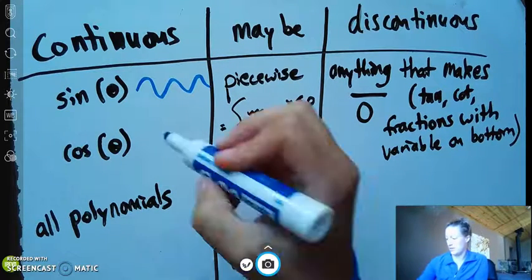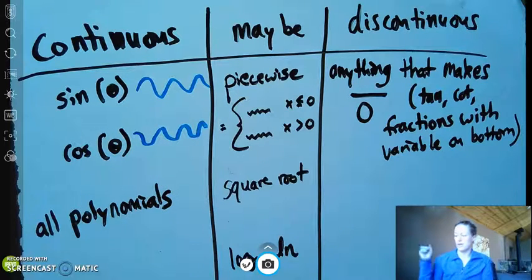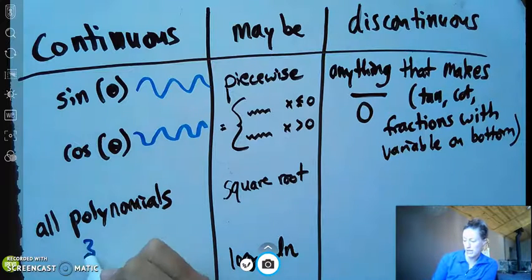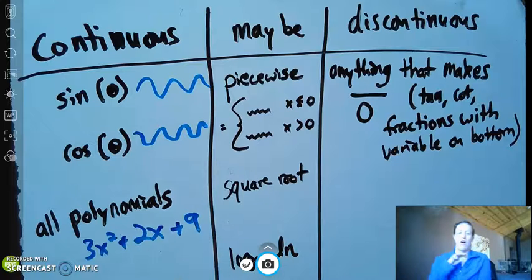It will not make me fall to my death. Also cosine, continuous. So whatever's going on with those guys, you're good. Also polynomials, all polynomials. These are like the 3x squared plus 2x plus 9 or something like that. All of those ones, they are continuous. They just can't have a denominator with letters underneath. That's something different. Maybes.